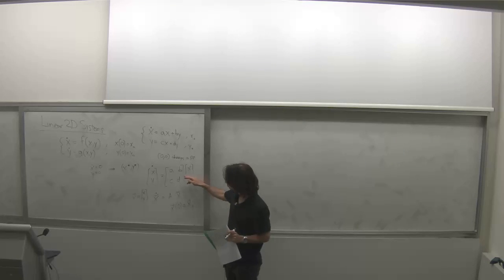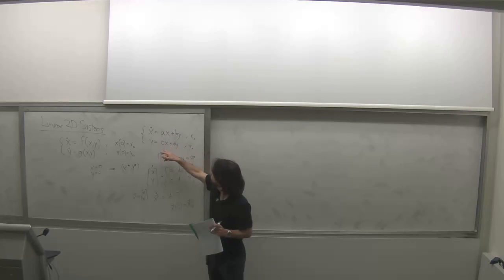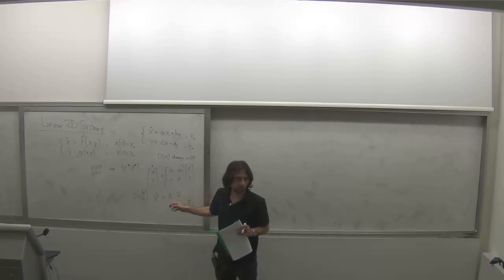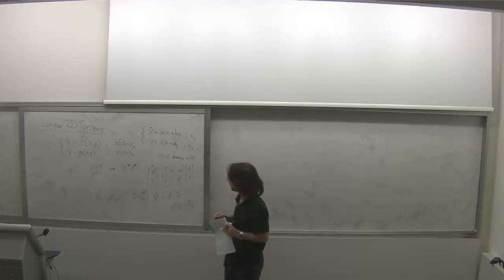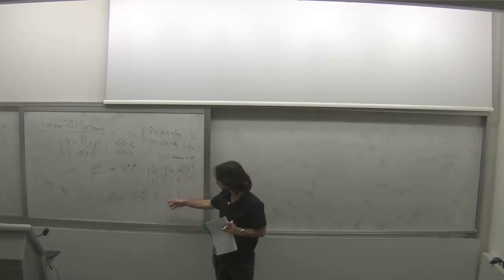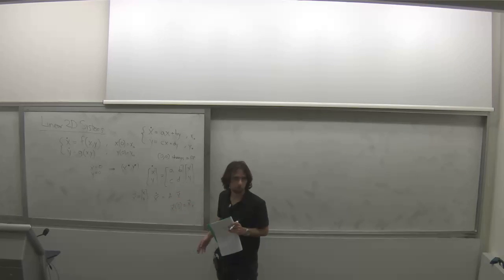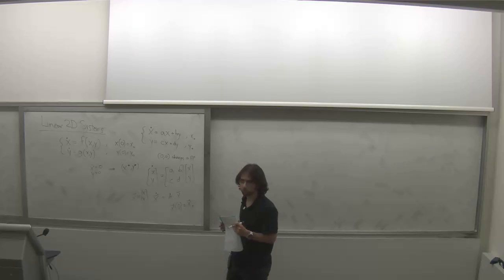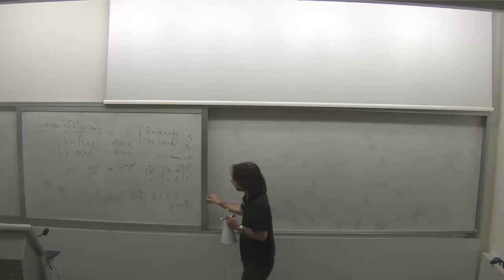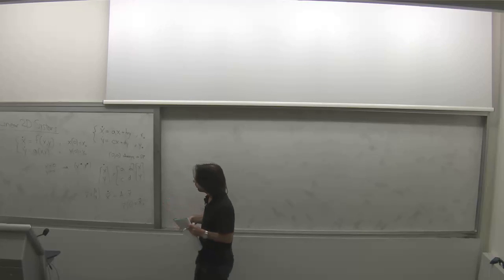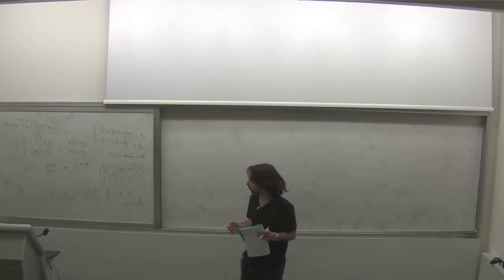We'll see how the properties of this matrix A, with components that are actually the parameters here, will determine the behavior of the system, the stability of the fixed point, for example. When I say the properties of A, specifically I mean the trace and the determinant of A. So it's pretty simple to know something about the behavior of the system. All we need is the trace and the determinant.